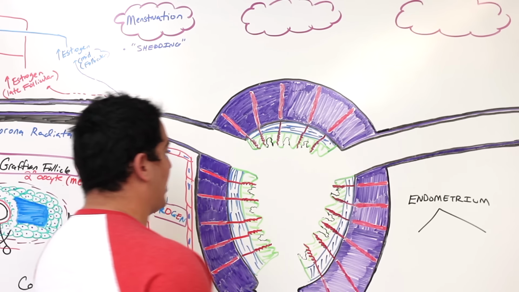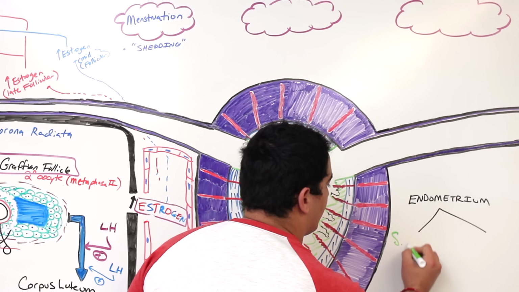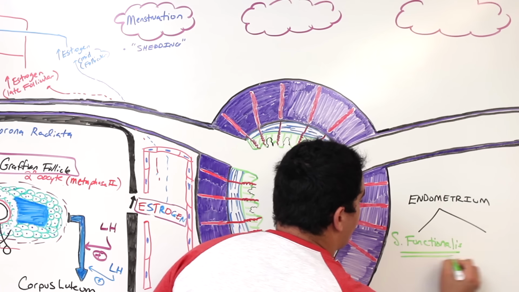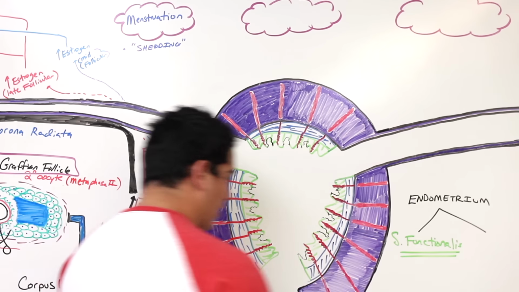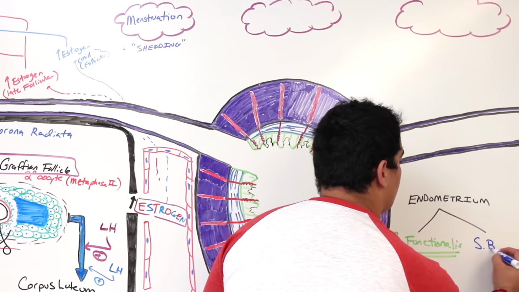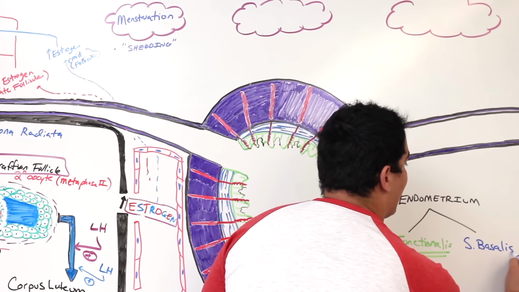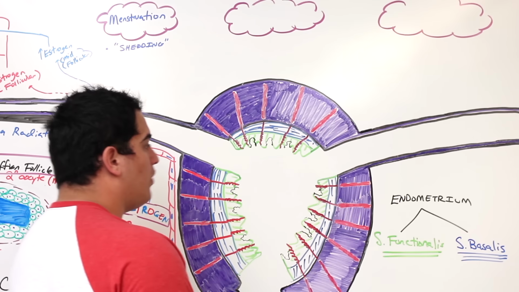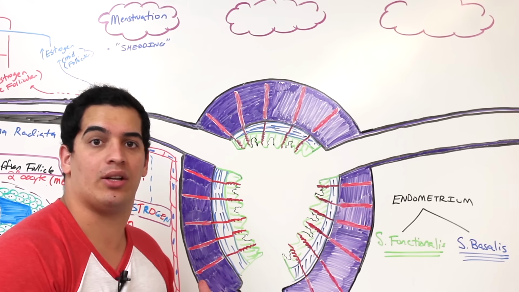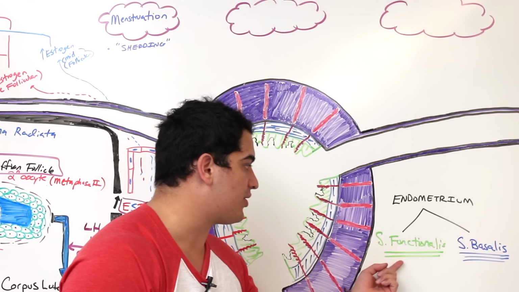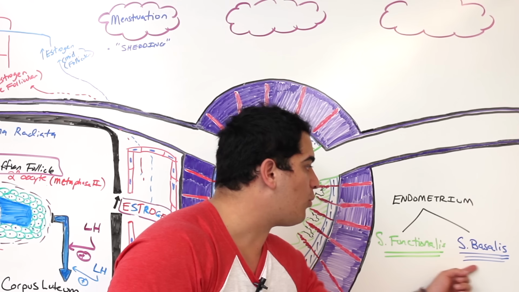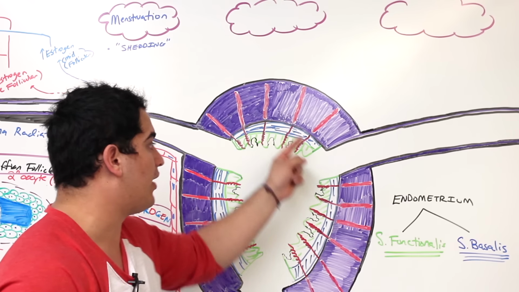The blue layer below it is called the stratum basalis. One more time, the endometrium is the inner lining of the uterus, made up of simple columnar epithelial tissue, and it consists of two sublayers: the stratum functionalis, the green layer, and the stratum basalis, the blue layer.